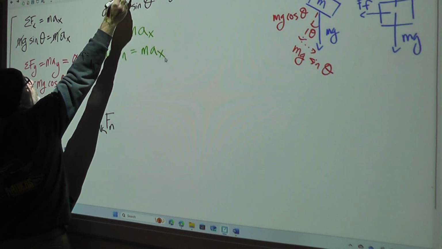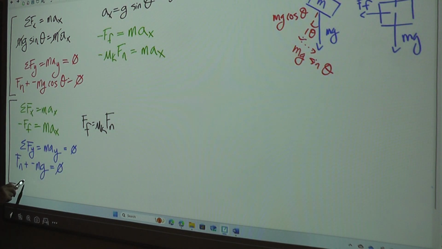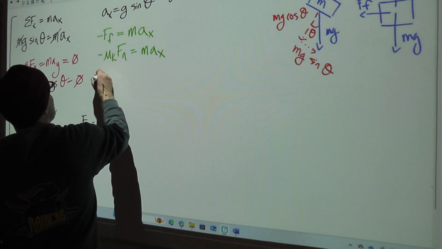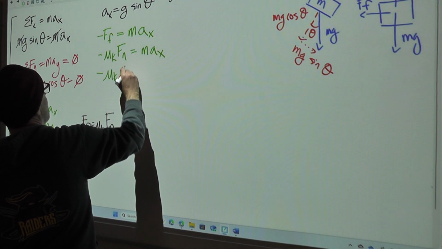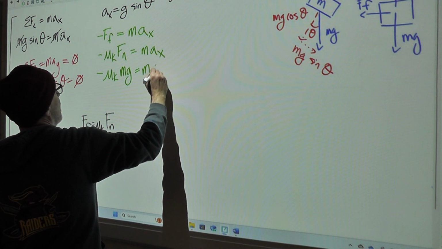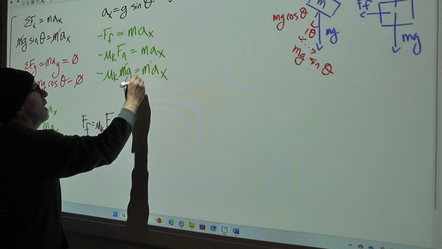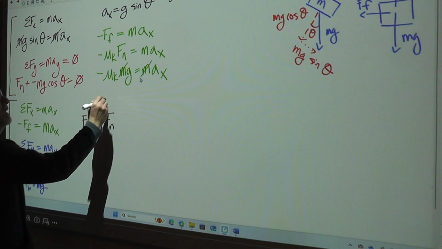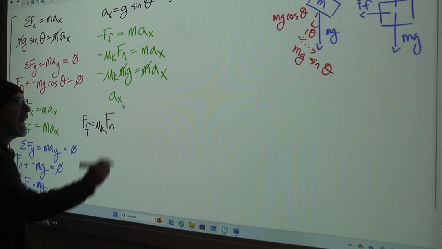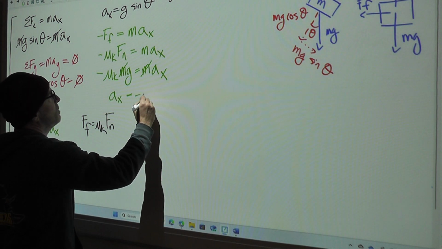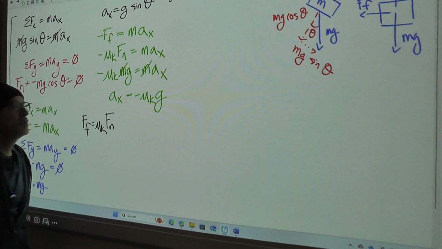And with our blue equation down here, we can just calculate that the normal force has to be equal and opposite to the weight of Josh and the sled. So that means negative mu k mg equals m a_x. And once again, we can divide both sides by m. And we're gonna find that the acceleration on the flat is gonna be negative mu k times g.